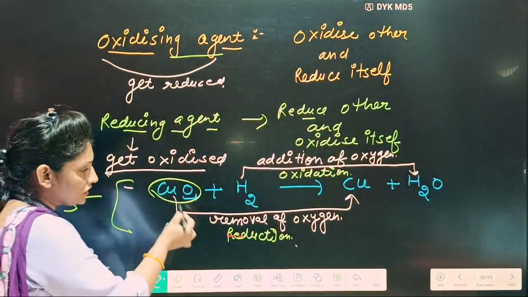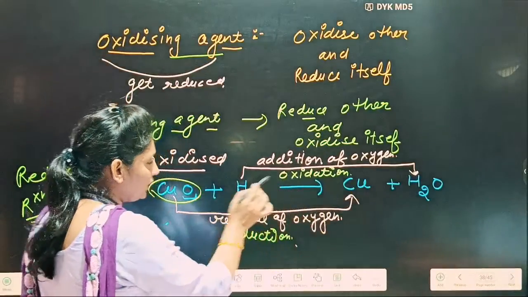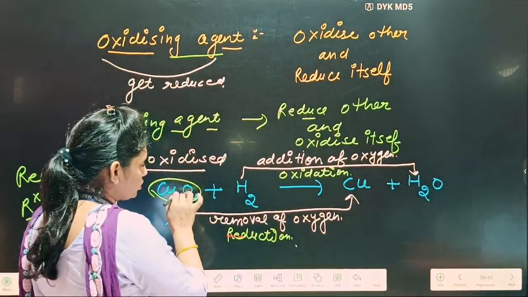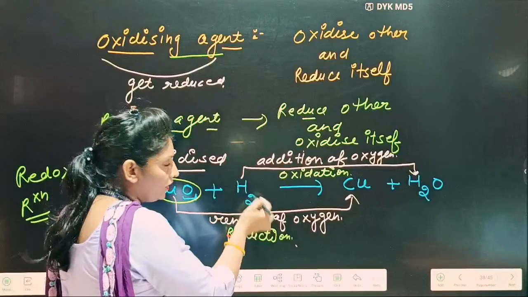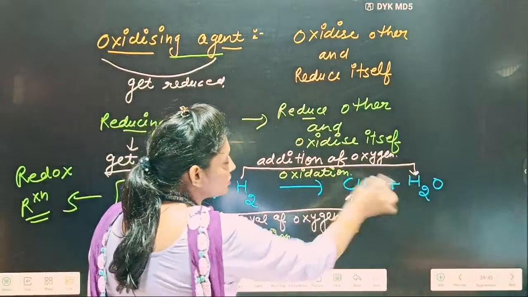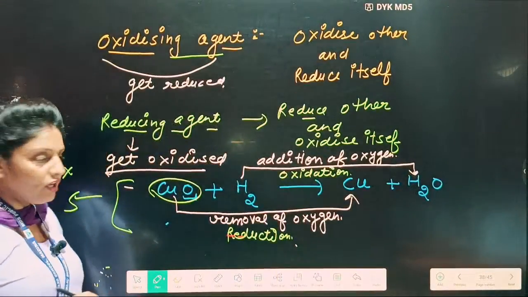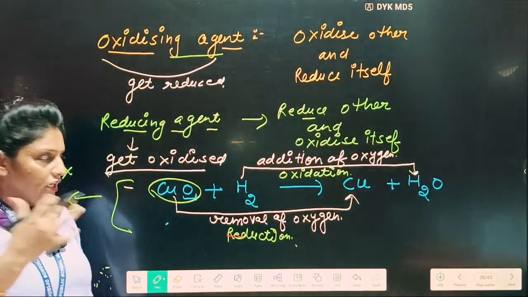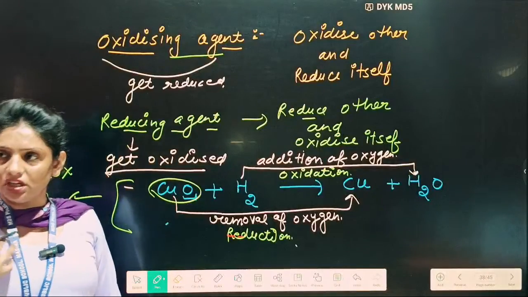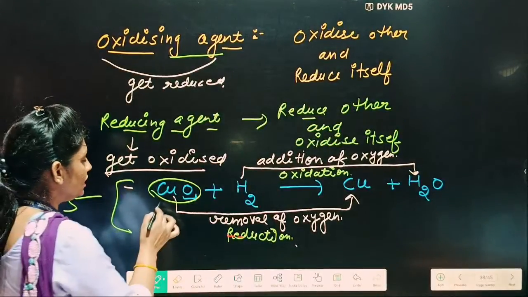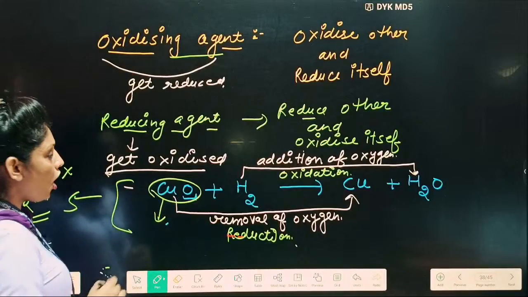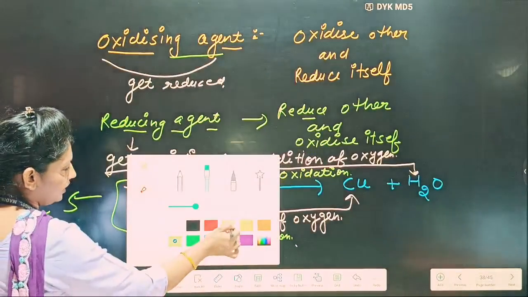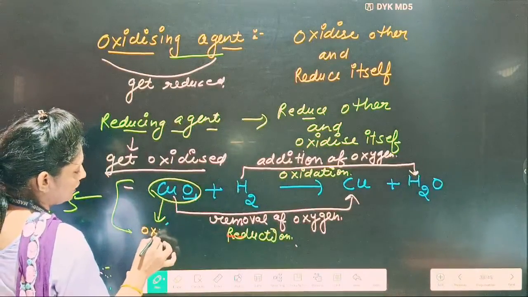So it is reducing itself. But students, it is giving this oxygen to hydrogen, so it is oxidizing this hydrogen. So copper oxide is oxidizing other and reducing itself. So students, it is the oxidizing agent here.